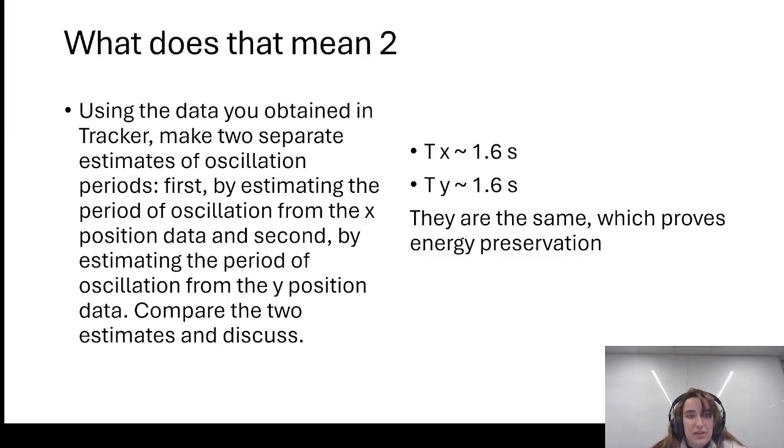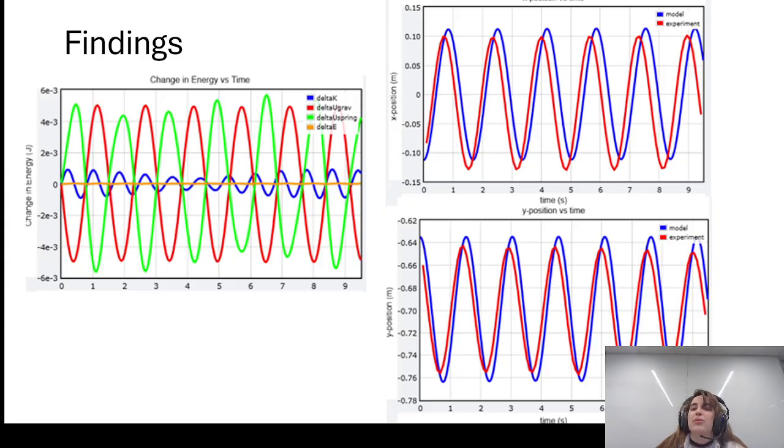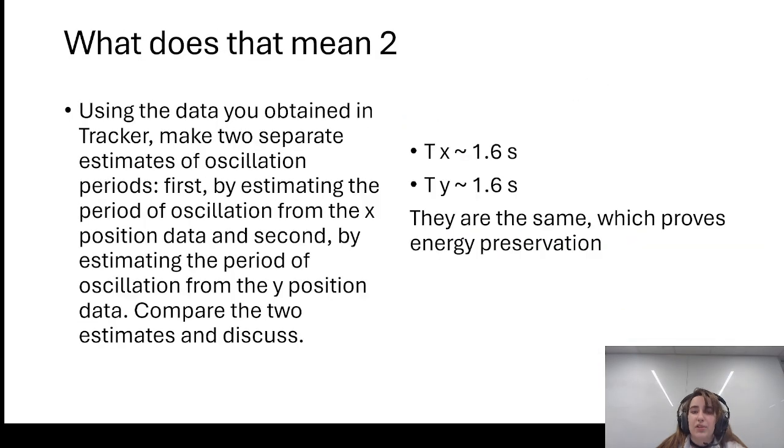What does that mean too? Using the data you obtained in Tracker, make two separate estimates of oscillation periods: first, by estimating the period of oscillation from the experimental data, and second, by estimating the period of oscillation from the model, then compare the estimates and discuss. So from the two graphs, I estimated that for the experiment, both the period for x and the period for y are approximately 1.6 seconds.